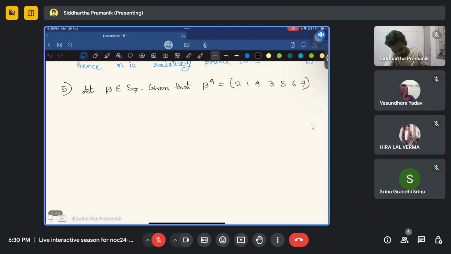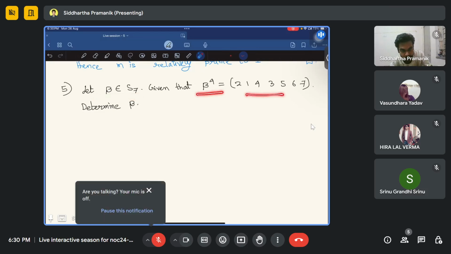Then we need to determine beta. So beta is an element of S7 in which beta power 4 is given, and it is a 7-cycle. So we need to determine what beta is.